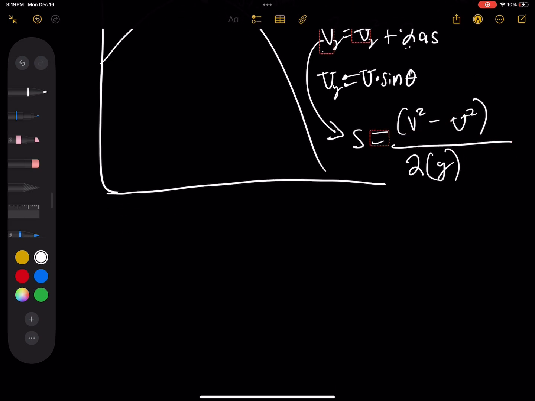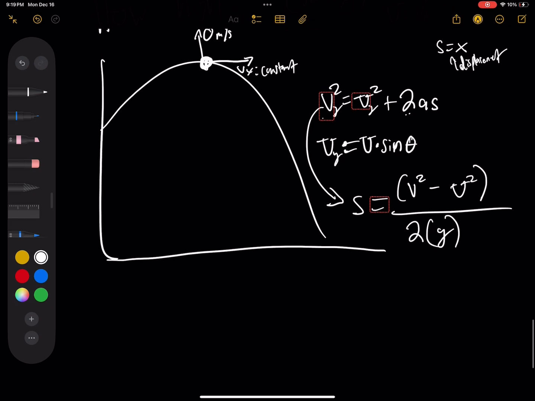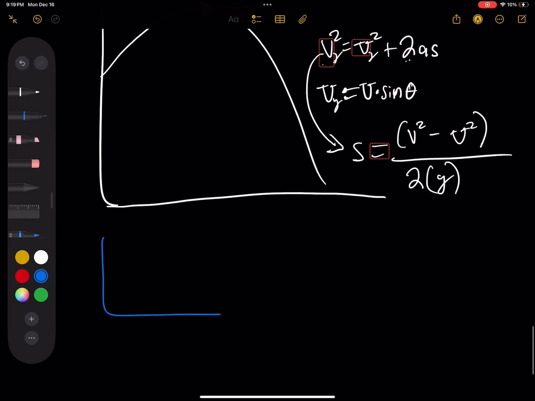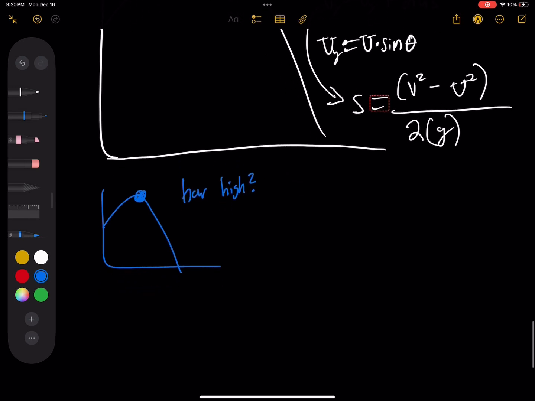So let's say we've got an example, a tiny mini example. The velocity that they give you is equal to 20 meters per second. Then the initial y velocity is equal to 20 times sine 60.